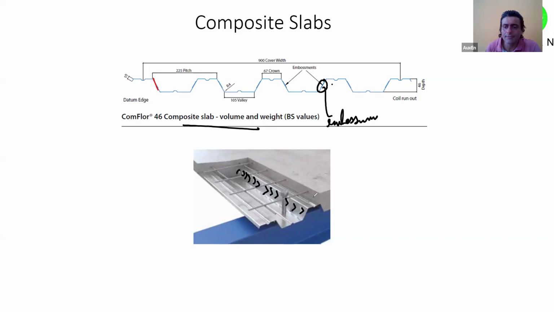Yeah, these are called embossments, and these embossments have a certain pitch. We will discuss all these things later. This is a dimple that has been provided over here in the shape.